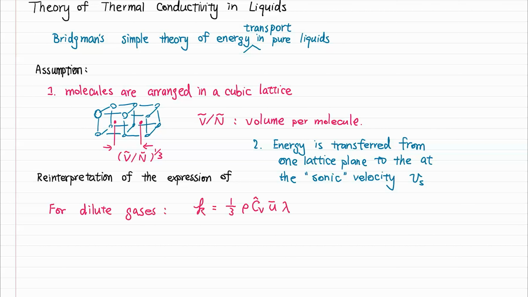We can also write that as the density times the constant volume heat capacity times some characteristic velocity and some characteristic length. So you can see that we modify the mean speed to some characteristic velocity, and we modify the mean free path to some characteristic distance.